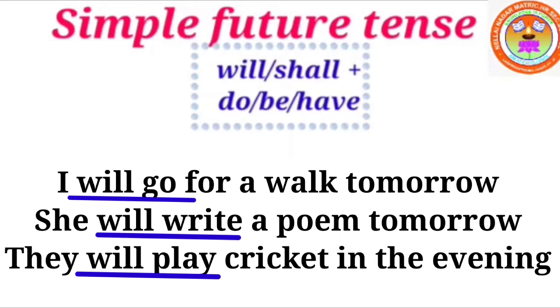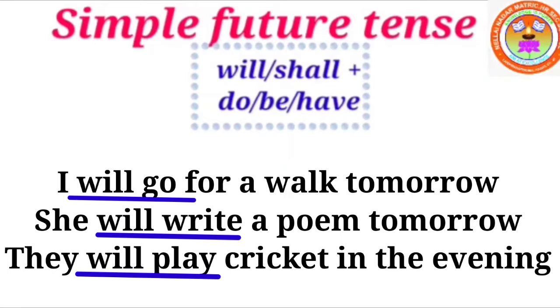Will write is a simple, and tomorrow is a future action. So simple future. Then the third one is, they will play cricket in the evening. Will play simple, evening future, so we can get simple future tense.